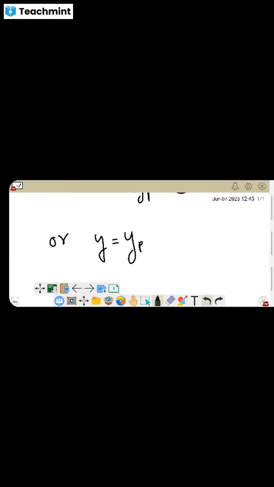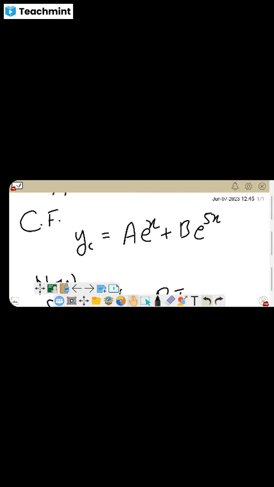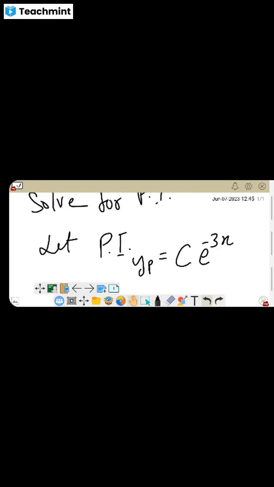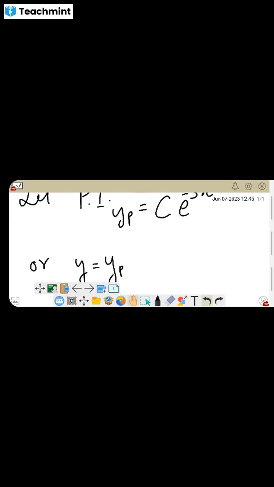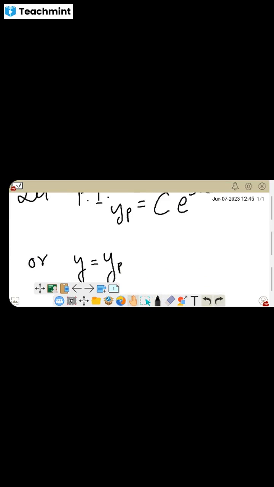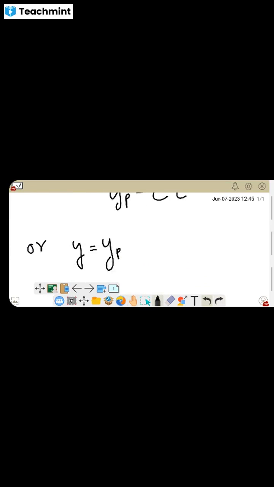That is why in PI we take yp to indicate this is the solution, whereas in CF we take yc. We need to show CF and PI separately, that is why we use this here. So take yp is equal to c into e to the power minus 3x.